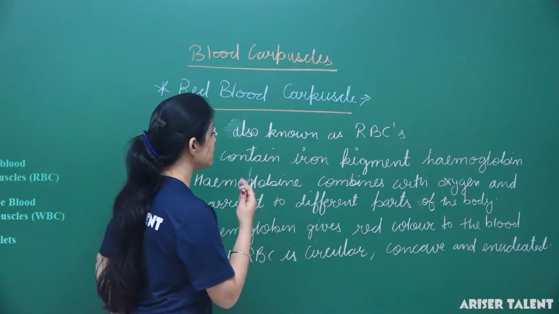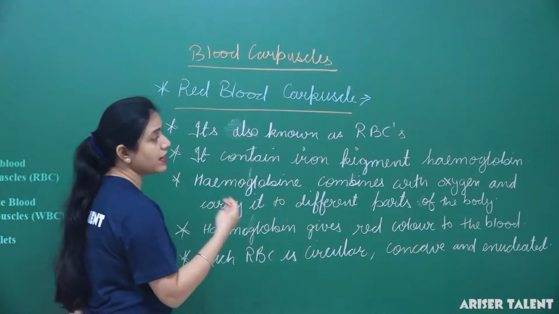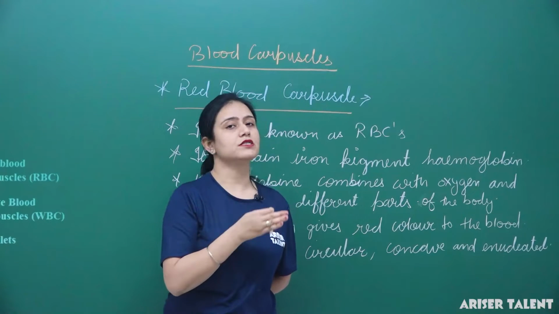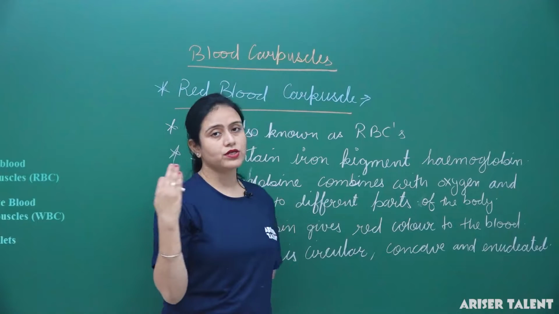What is the function of RBC? It gives red color to the blood because of the presence of the iron pigment known as hemoglobin.